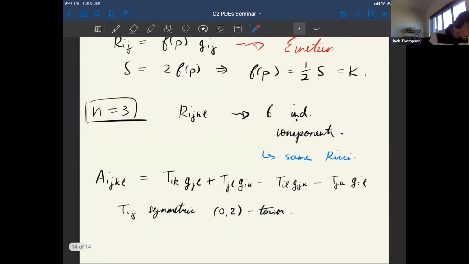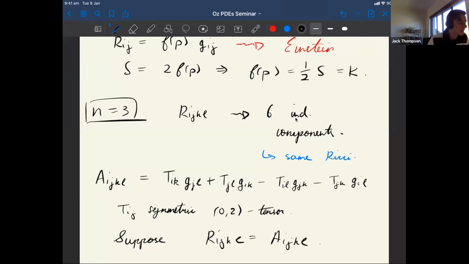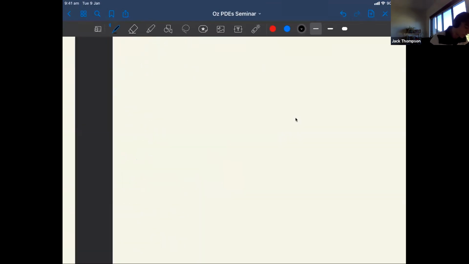So what I'm going to do is suppose that I actually do have that these are equal. And then I'm going to calculate what T has to be in order for that to be true. So how would I do this? Well, first of all, I take the trace of both sides.